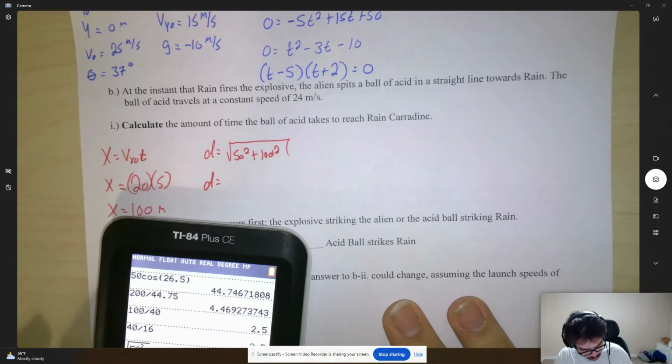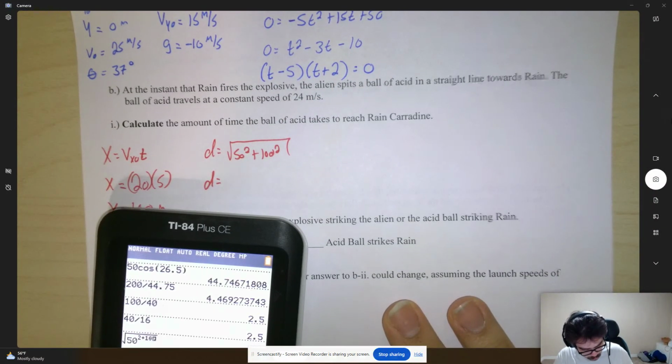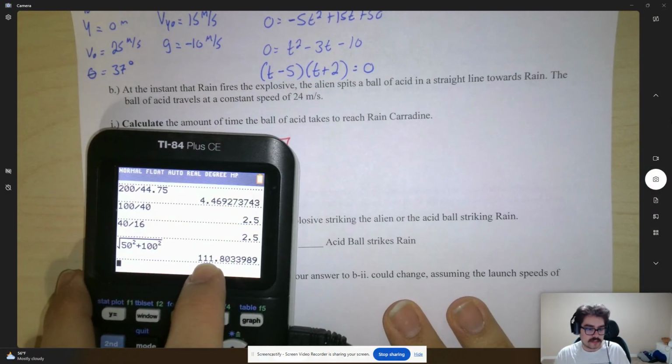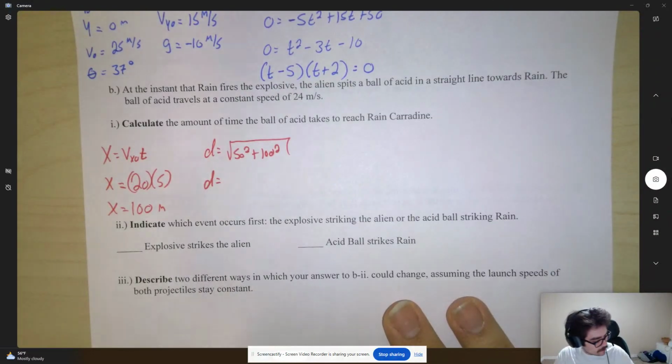Oh, nope, that's all in the exponent. I don't want that. That's going to be a really, really big number. Plus 100 squared. Okay, so I don't get a Pythagorean triple. It's 111.8.